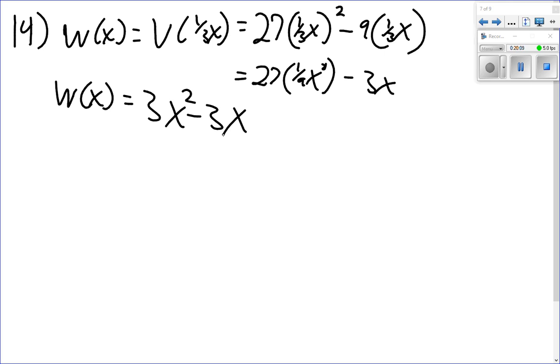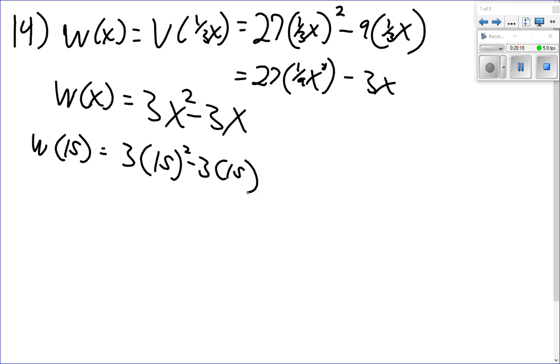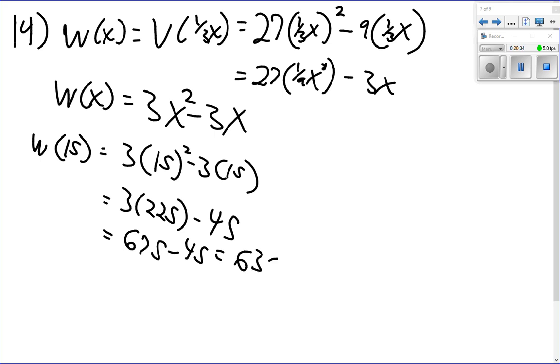And it said, find W of 15. So sub 15 into my new function, which is 3 times 225 minus 45, which is 675, minus 45, which is 630.